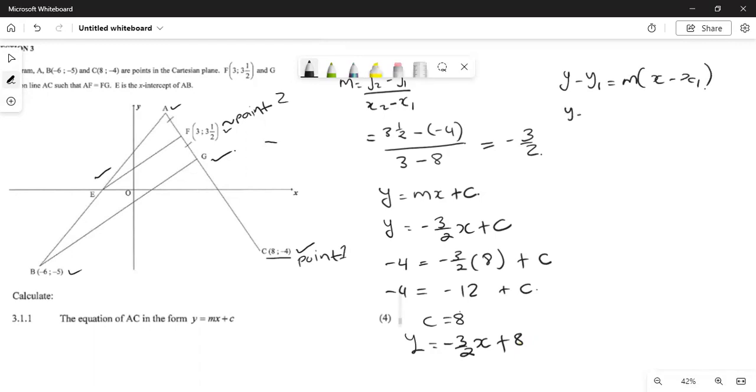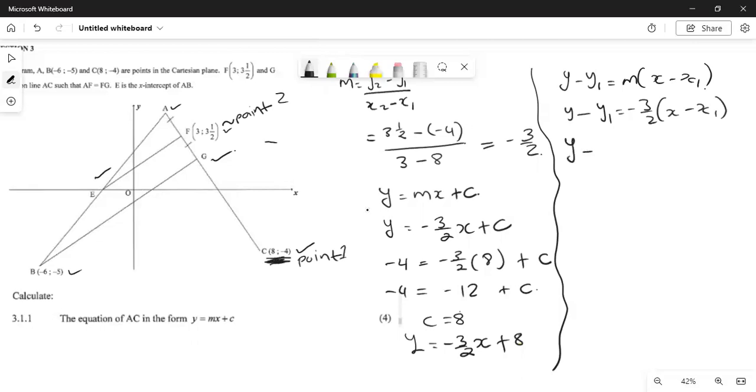In this case, we already know that our m is -3 over 2, so we have -3 over 2 (x minus x1). For x1 and y1, we'll substitute in a point. Again, let's use that point.